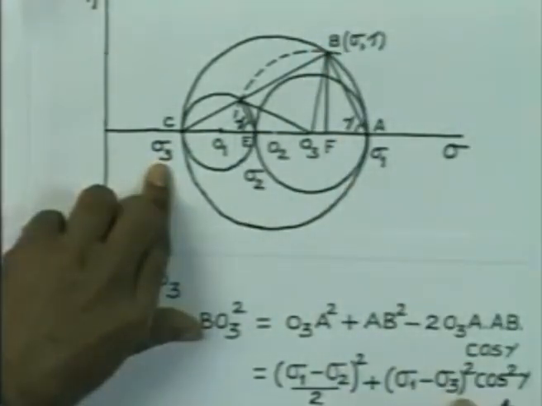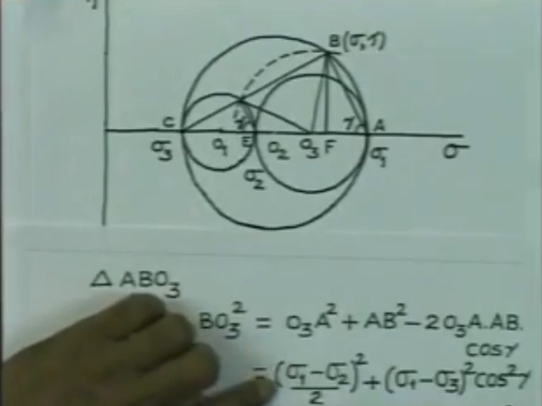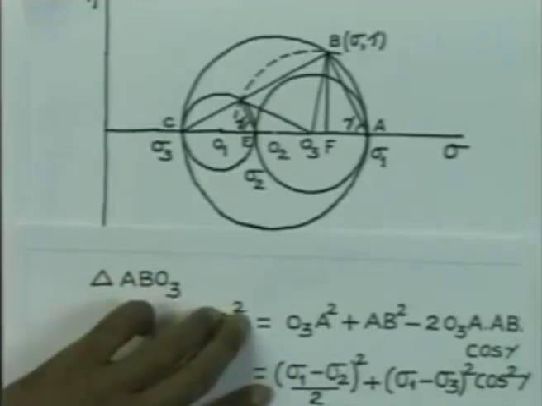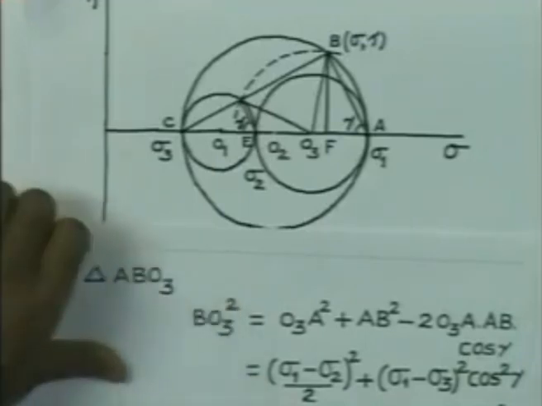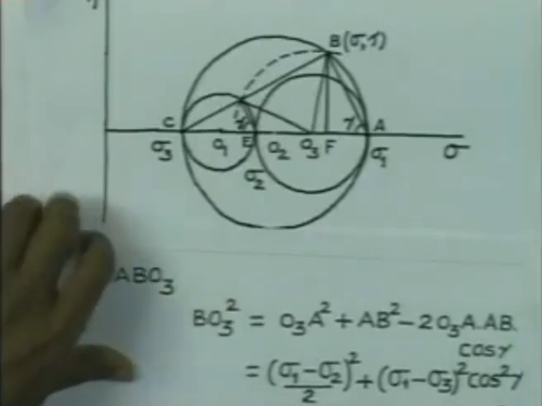So sigma 1 minus sigma 3 square cos square gamma is AB square, and then we substitute twice O3A as sigma 1 minus sigma 2 by 2 and AB as sigma 1 minus sigma 3 into cos gamma, so that gives us cos square gamma. So that is the expression.